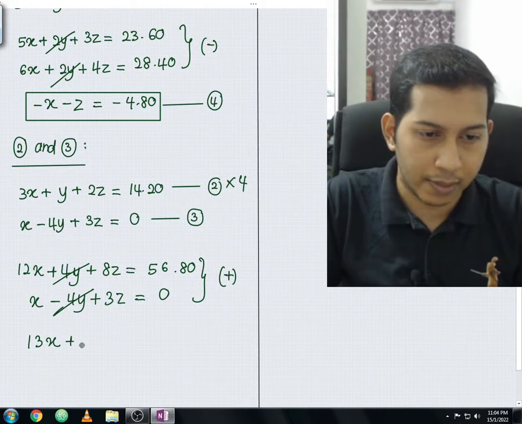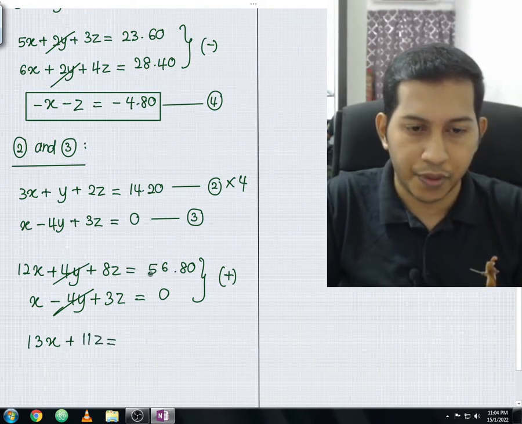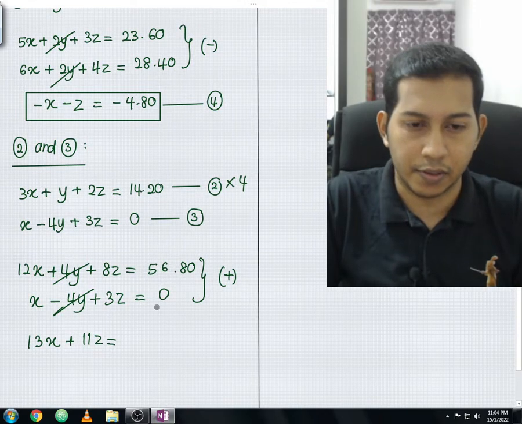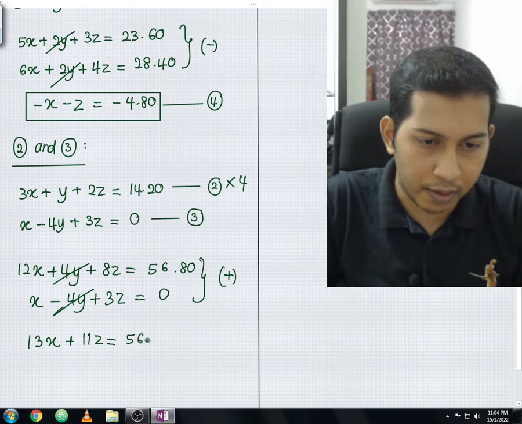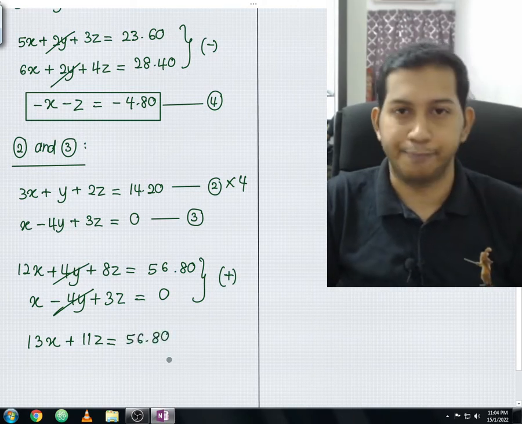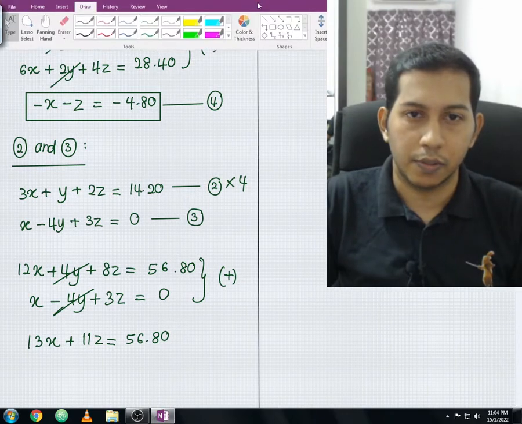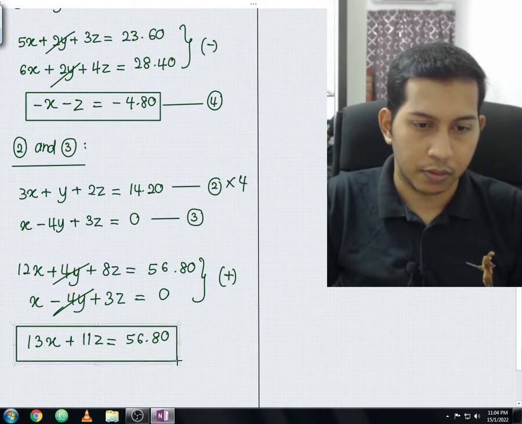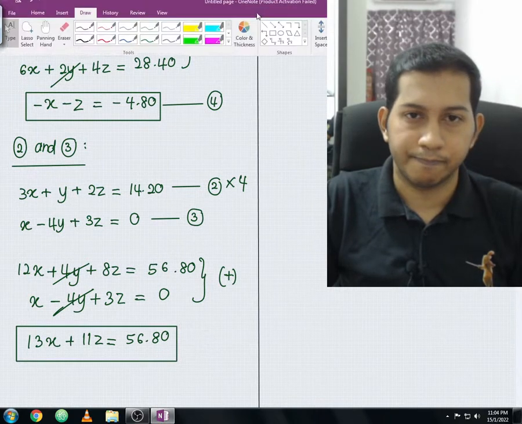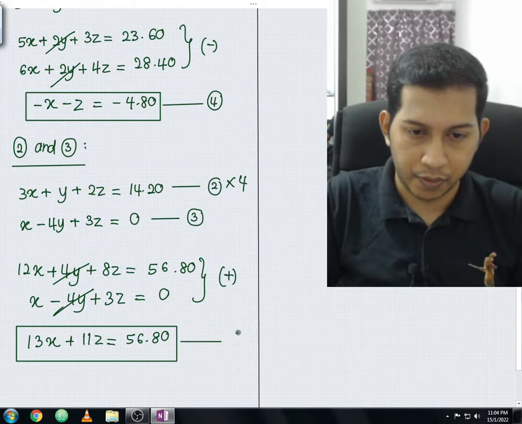So 13x plus 11z equals 56 ringgit 80 cent. You add 0, so the value is still the same. So this will be your fifth equation. Let me box this, and you write this as the fifth equation.